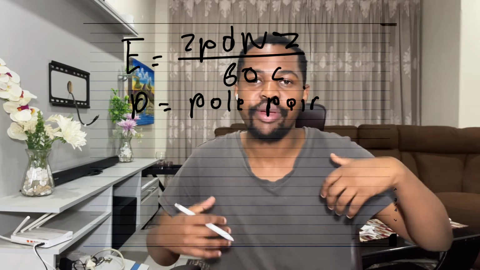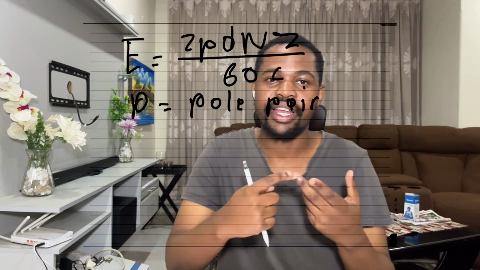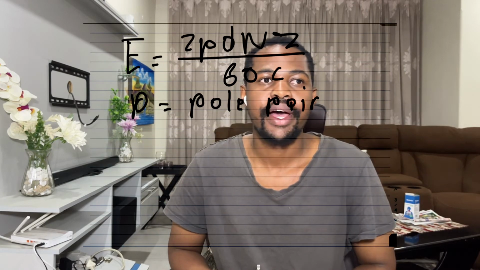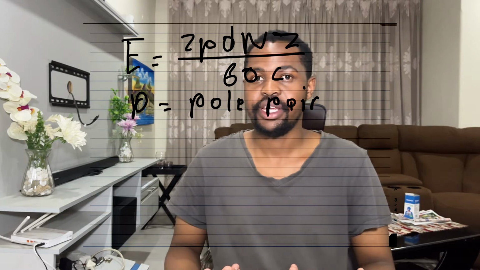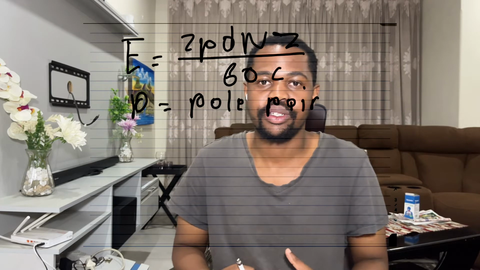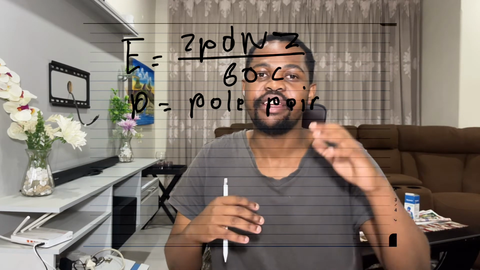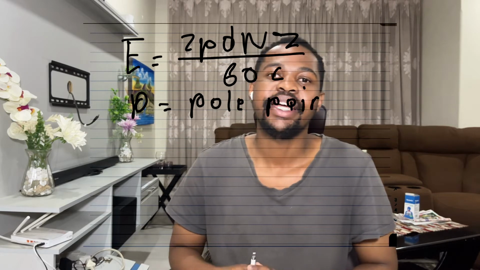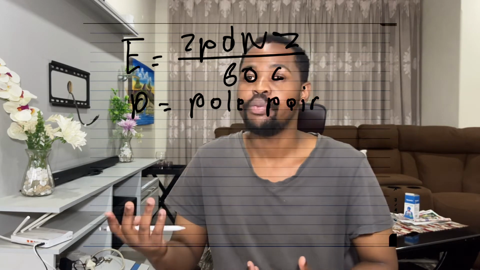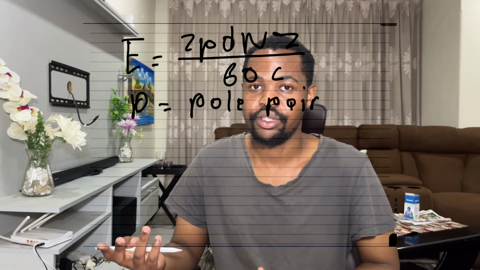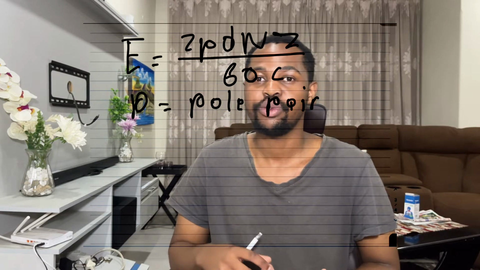Guys, a pole pair is made by a north pole and a south pole. So if I have a 4-pole motor, that means I have 2 pairs of poles, which is 2 north, 2 south.